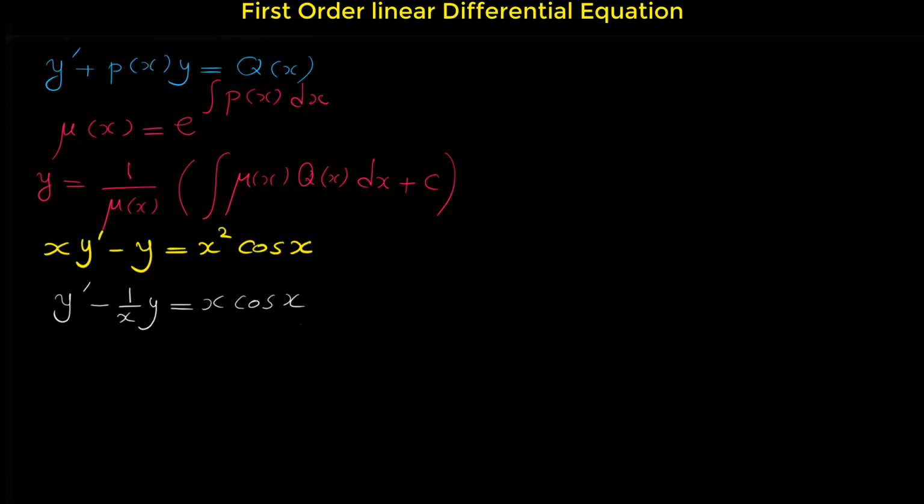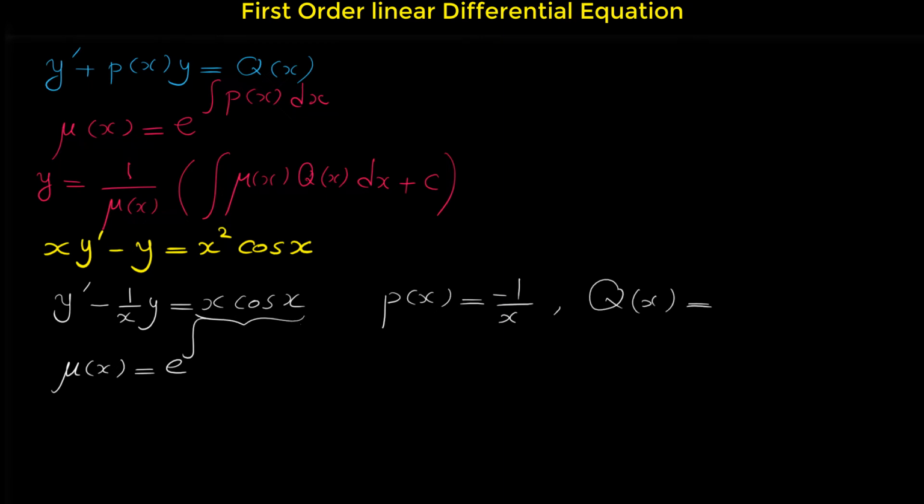The first step for solving a linear first order differential equation is to find the integrating factor. First, we have to find mu of x. Mu of x equals e to the power of integral of p of x. Note that in this equation, p of x is negative 1 over x, and q of x is x cosine of x.